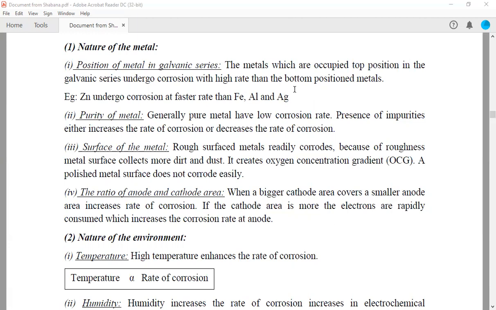That means the metal which occupies the top position in the galvanic series undergoes corrosion at a higher rate than the metal which occupies the bottom position in the galvanic series, which undergoes less corrosion.